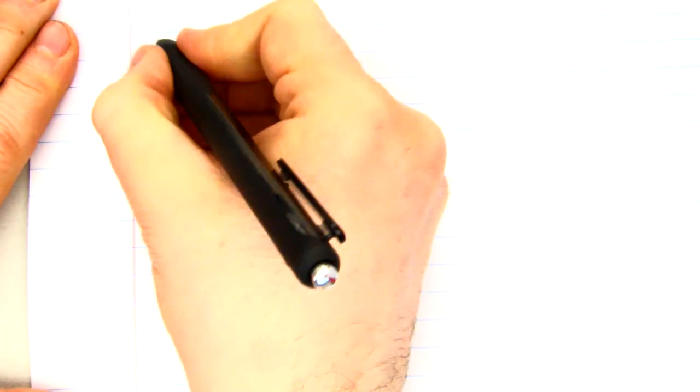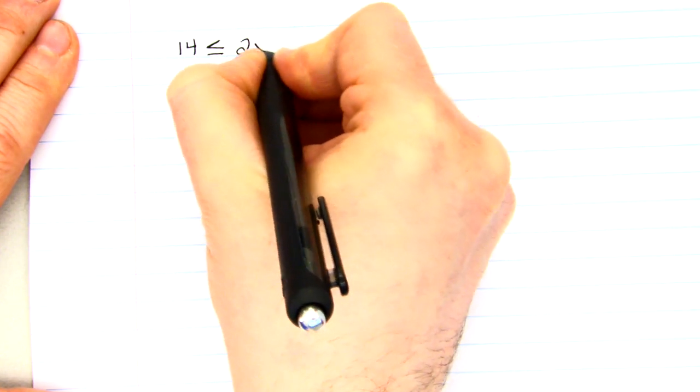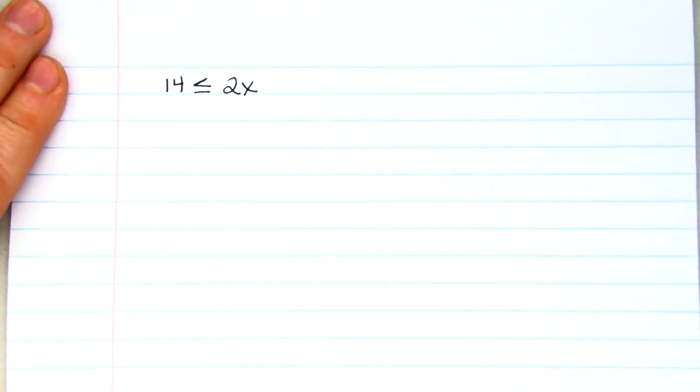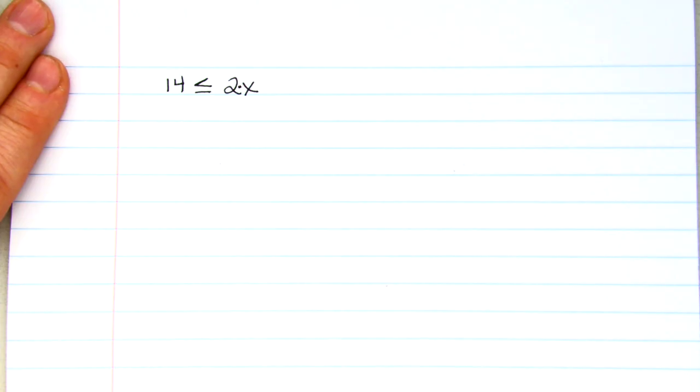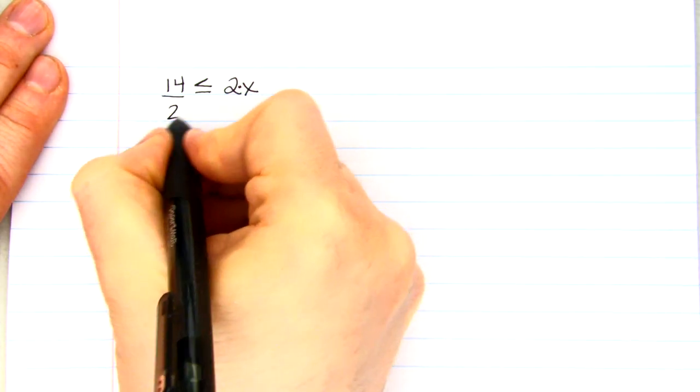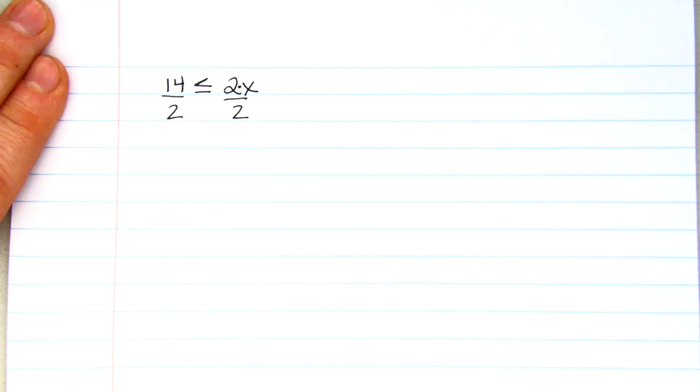A few more. Let's look at 14 is less than or equal to 2x. Remember, 2x means 2 times x. So we're going to go and divide both sides by 2.